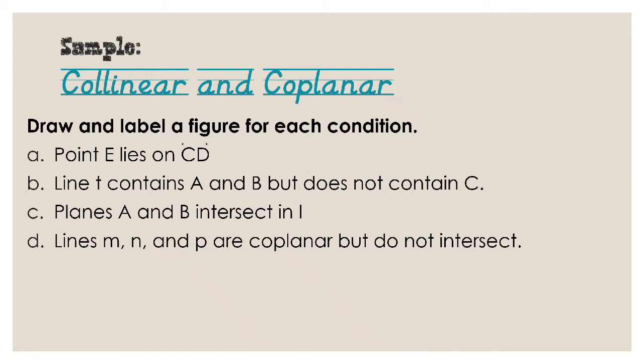Then at the end of the line, on one side of the arrowhead, put a small letter T. Then label the line with points A and B, just like the first task. Then put point C outside the line.